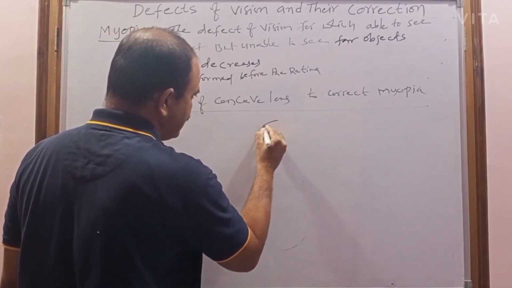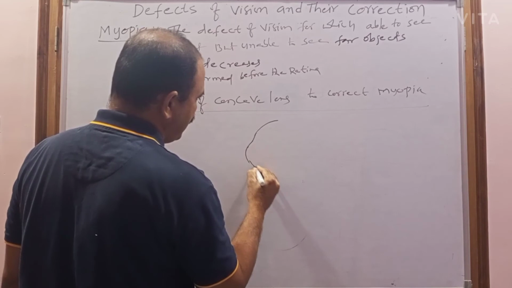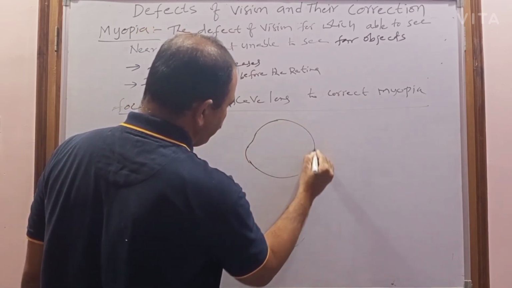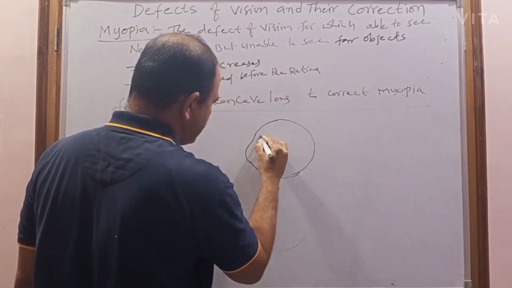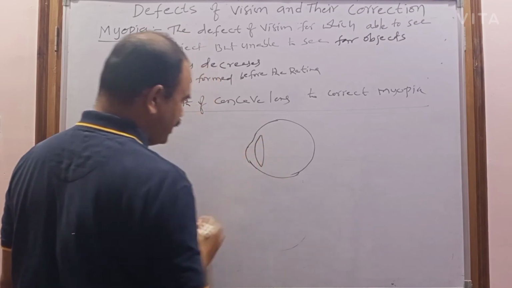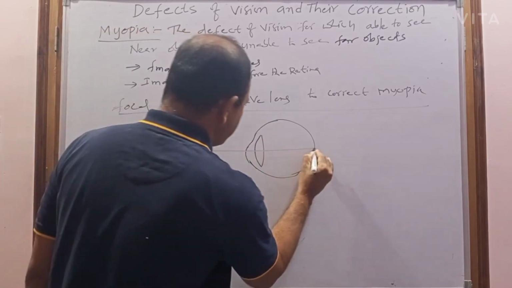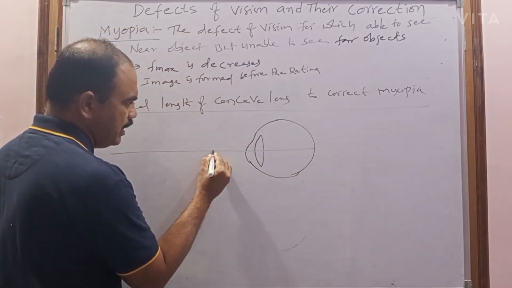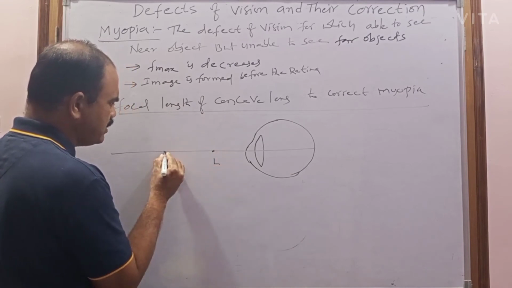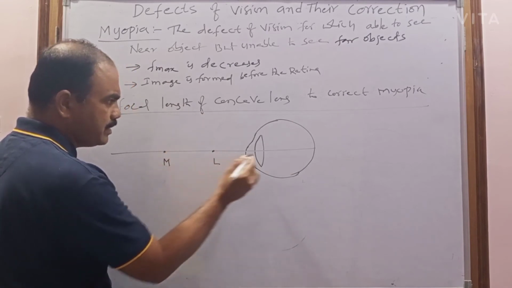Now let us consider. This is the eye of a person suffering with myopia, and this is the eye lens of that person. Consider this is the principal axis. This is the least distance of distinct vision, and this is the far point of this person.